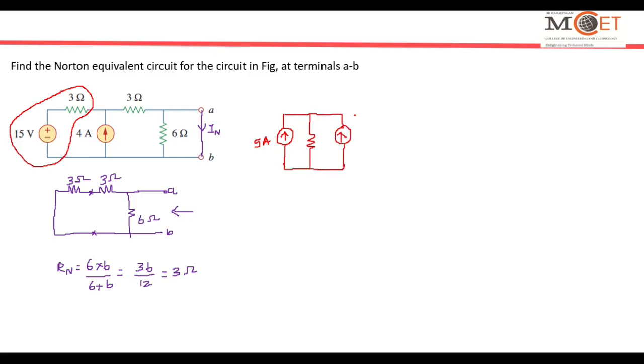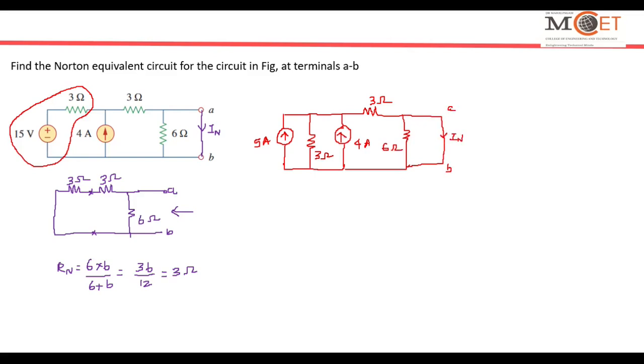This part 4 amps, this is 3 ohms, and that will be in series with 3 ohm and in series with 6 ohm, and this current IN. This is terminal A and this is terminal B.